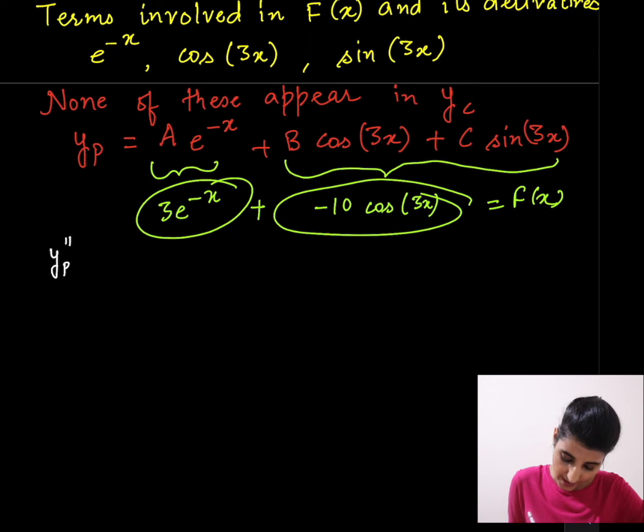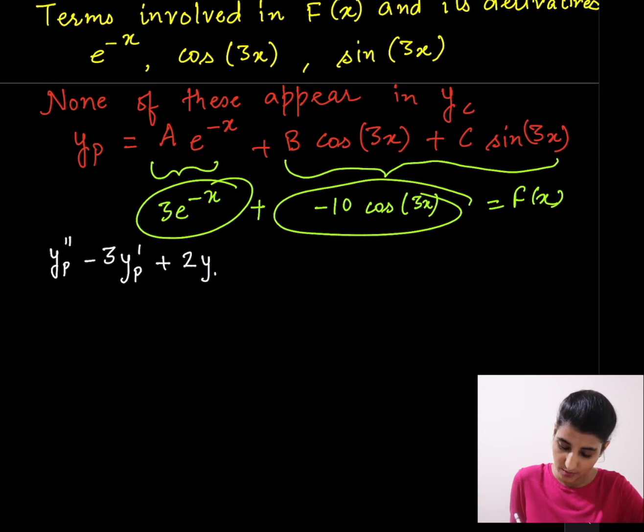So yp double prime minus 3 times yp prime plus 2yp is going to be the left hand side. For that we first need to calculate yp prime and yp double prime.